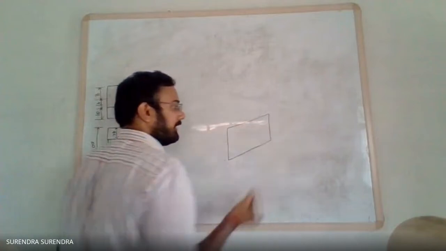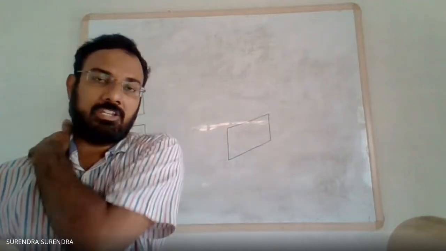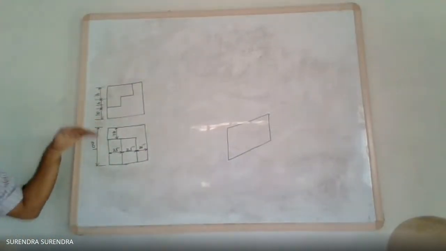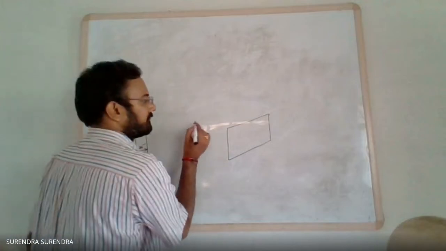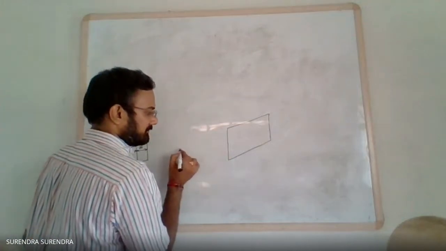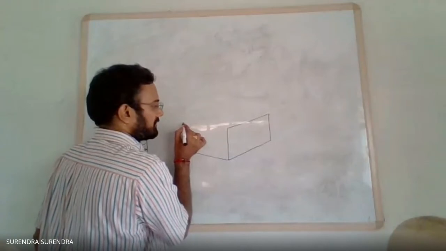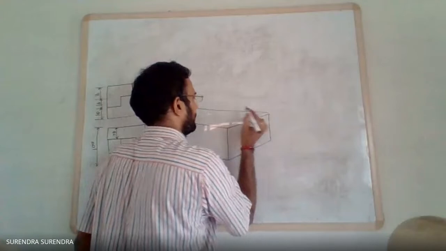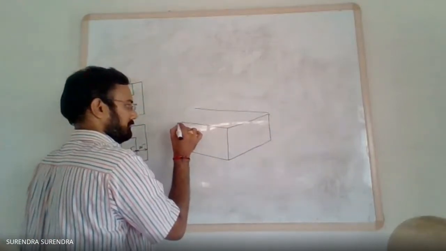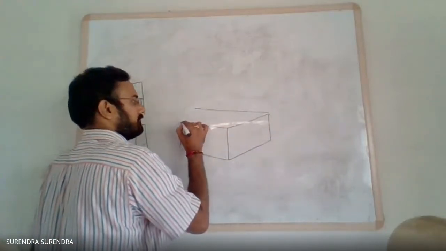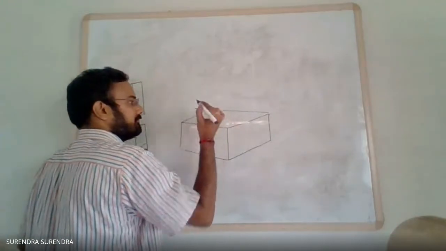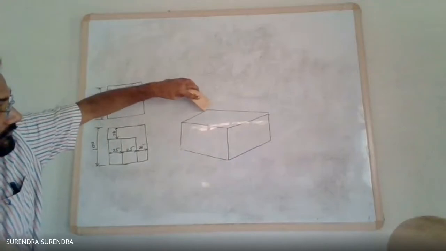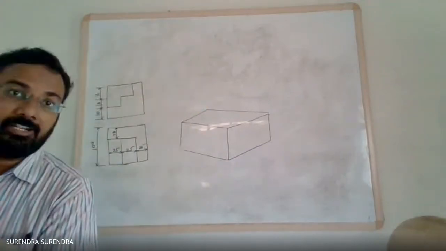Initially, everything with 2H only. Next, depth is 100 mm, so depth means along 30 degrees inclination towards the right. I have completed the outline with the given dimensions.